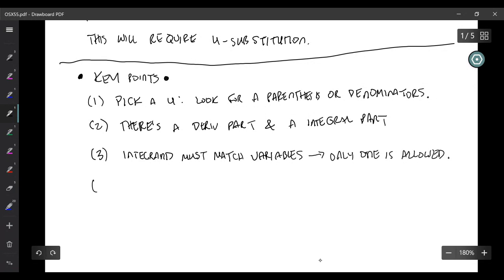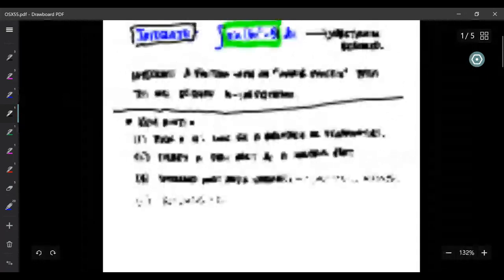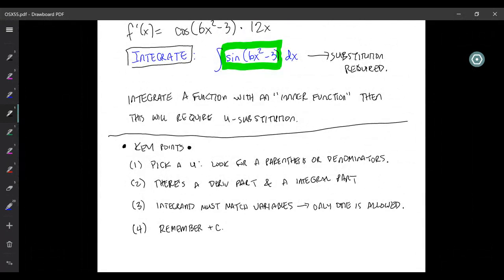All right. The next thing is remember the plus C. So these are just a big overview of things. When we get to the examples, hopefully we'll revisit these points and then hopefully it'll make more sense.